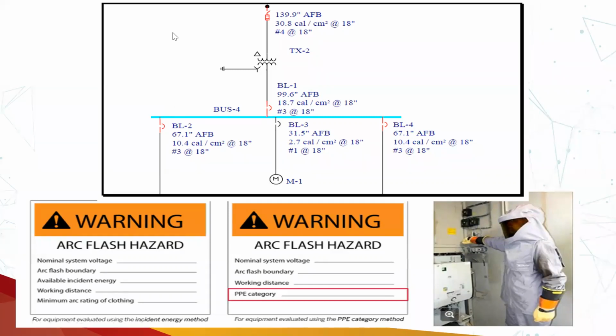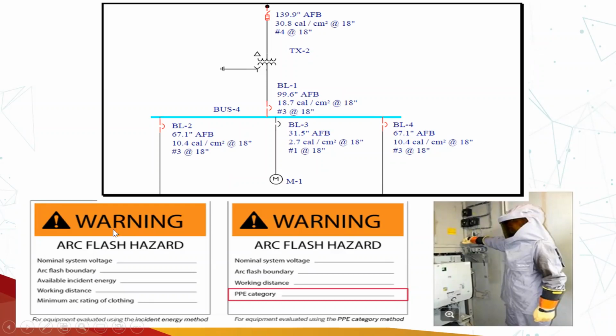For example, 5 years back I performed this study for my system, and I came up with the risk assessment, and I put these labels on every point where I'm performing servicing, operations, inspection, etc.